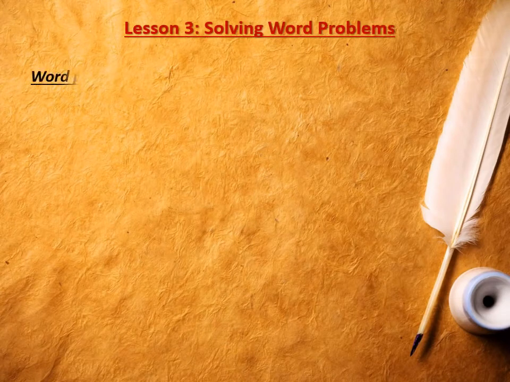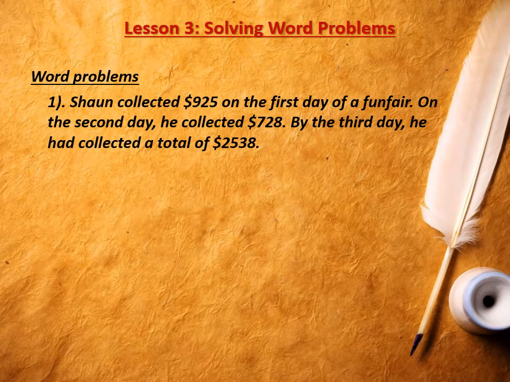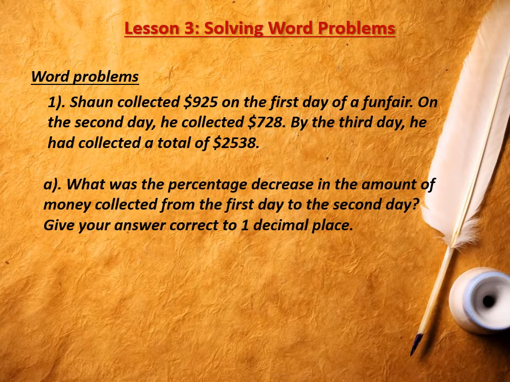Now go to the word problem. Example. Sean collected $925 on the first day of a fun fair. On the second day, he collected $728. By the third day, he had collected a total of $2,538.